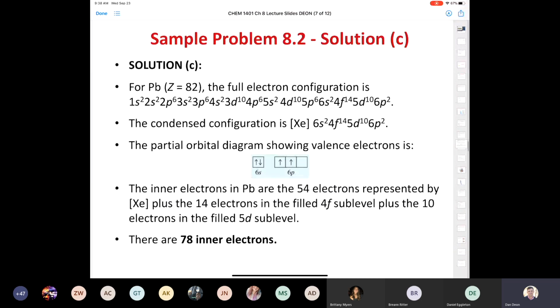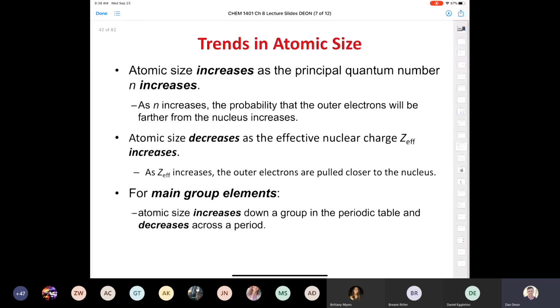Anyhow, let's move ahead and talk about trends in atomic size. Again, this is something that we talked about in chapter 14 in some detail. We said that atomic size increases as the principal quantum number increases. So what does that mean? If you go down a group or a family, like the alkali metals, from hydrogen to lithium to sodium, you go from a principal quantum number of n equals 1, to n equals 2, to n equals 3, and so on.